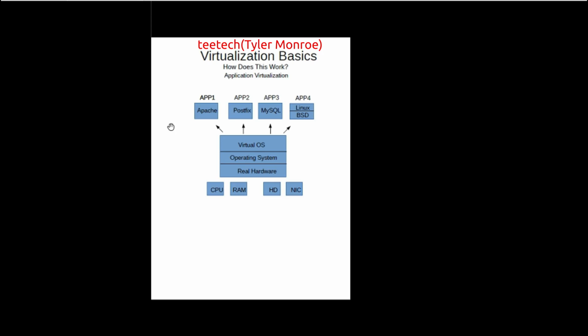So in this case, we can just run a lot more apps instead of running the VMs to support that same situation. All right, so that is the basics of virtualization.